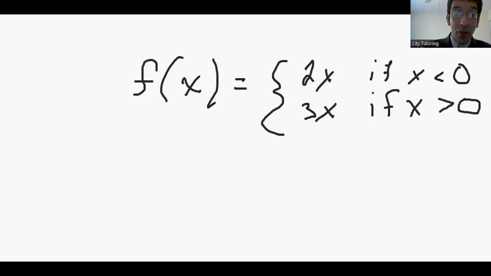What we're saying here is we have a function that doubles negative inputs but triples positive inputs. If your input is greater than 0, it's going to be positive, so you're going to do 3x. If your input is less than 0, in other words a negative number, then you're going to do 2 times x. Notice that f of x is not defined for x equals 0.